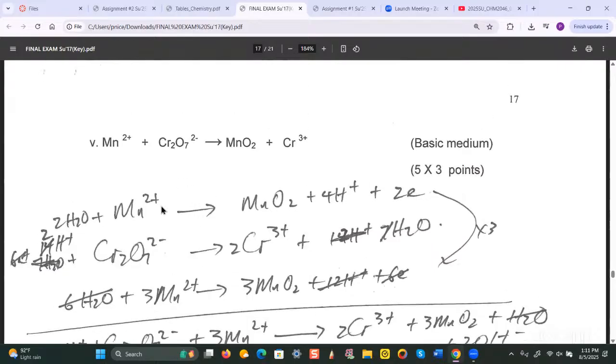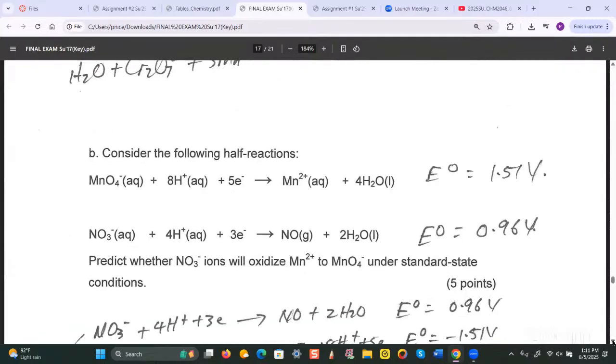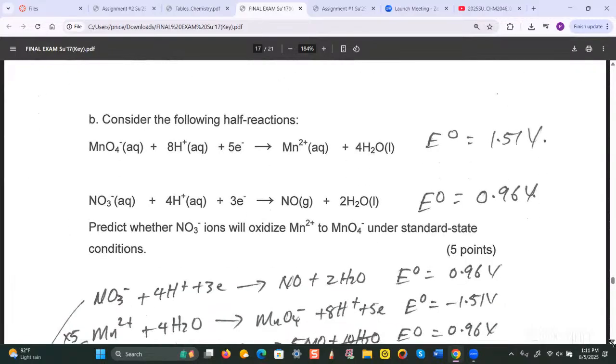Oh, this one? It's the one right after that, letter B. Oh, this one, okay. Yeah. So it gives you the half reactions. You notice I wrote the standard EMF values here because you'd have to look those up, right?